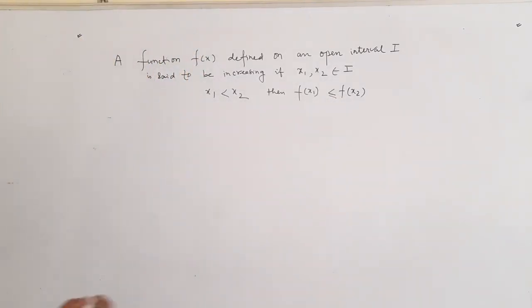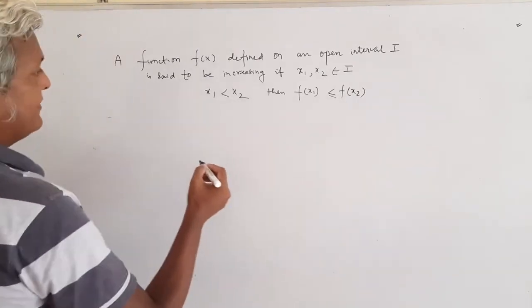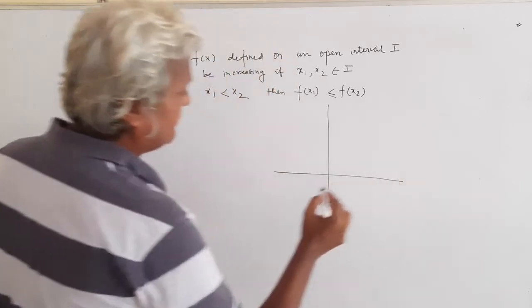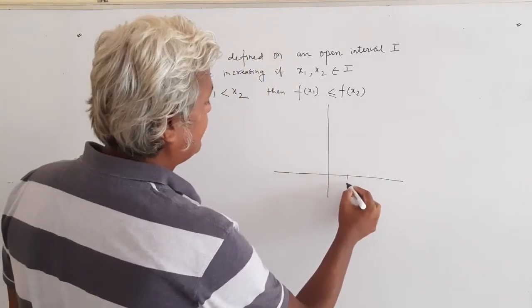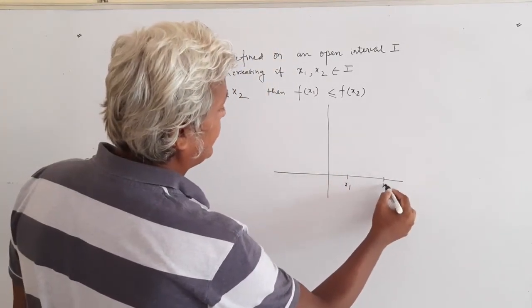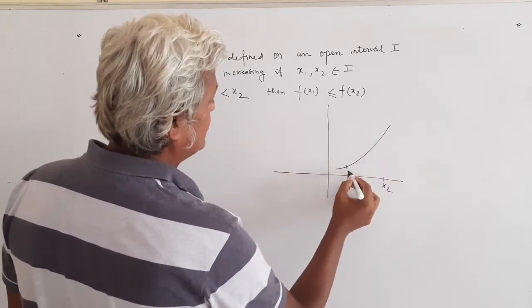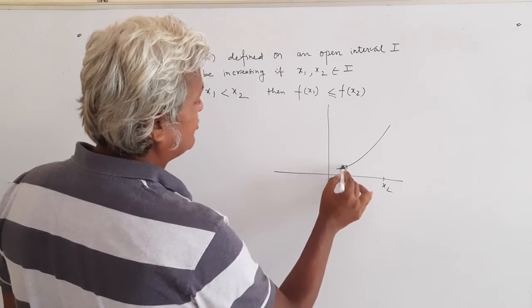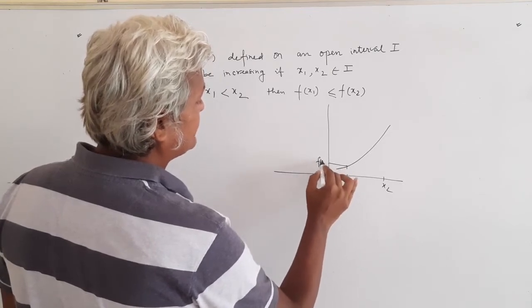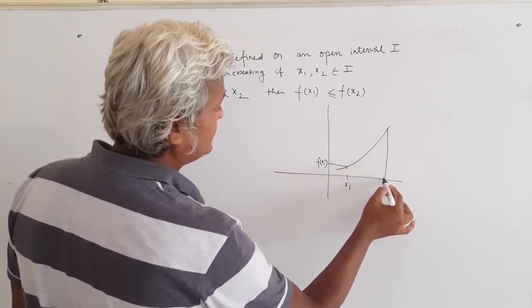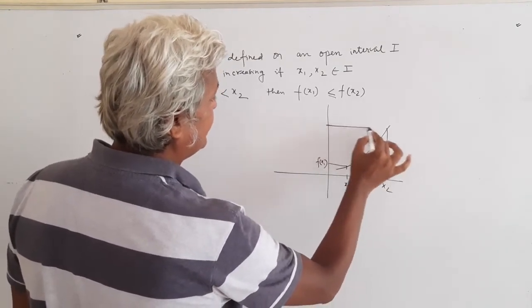to be increasing. Means if I represent it graphically, it will go like this. Suppose I have a value x1 here and x2 here, and my graph goes like this. Corresponding to this point x1, this is my f(x1), and corresponding to this point x2, this point is f(x2).